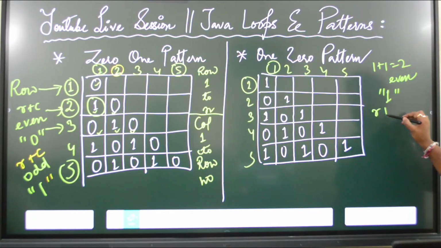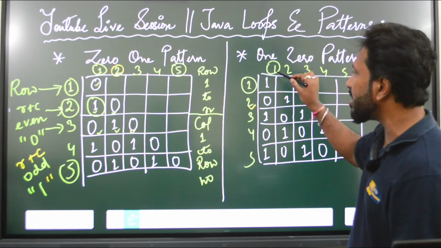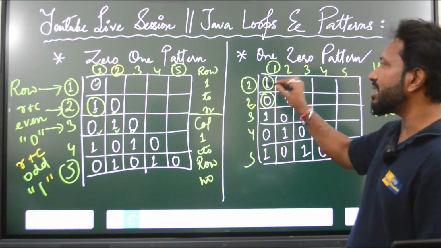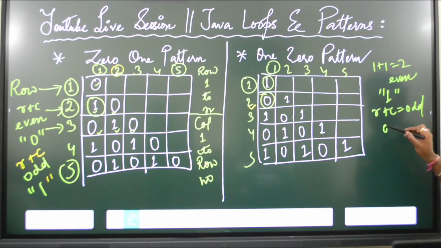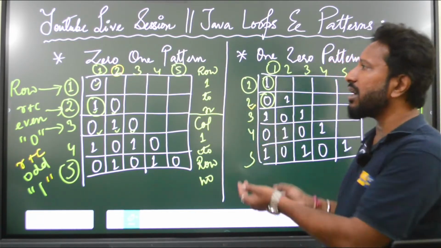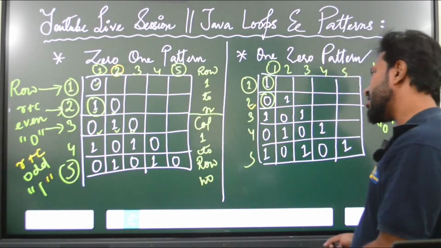And when the row plus column value is odd, just for example, if I say 2 plus 1, 3, we are printing a 0, correct? For even, we are printing 1. For odd, we are printing 0. That's all. Now let's try to write down this in the code. I hope you have understood how to approach this question, and let's try to solve this down.